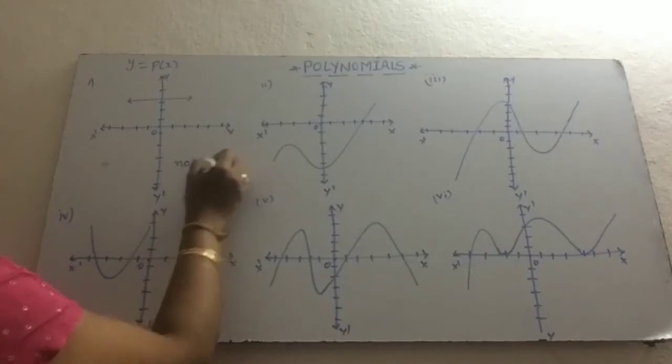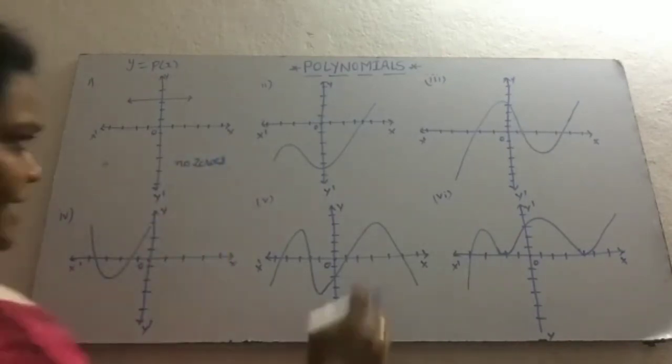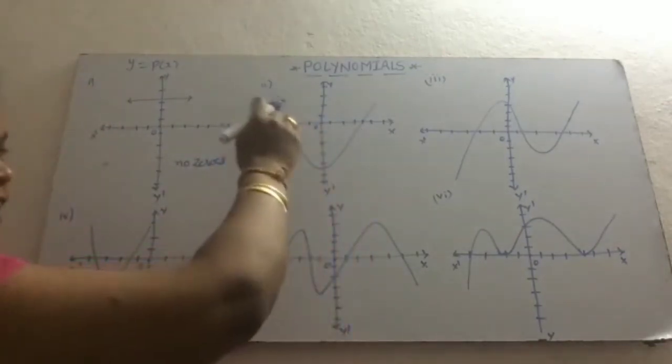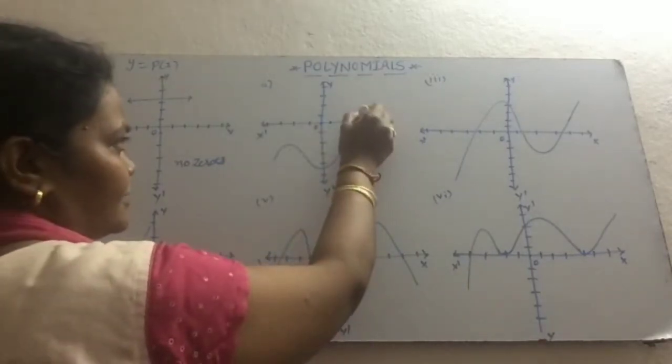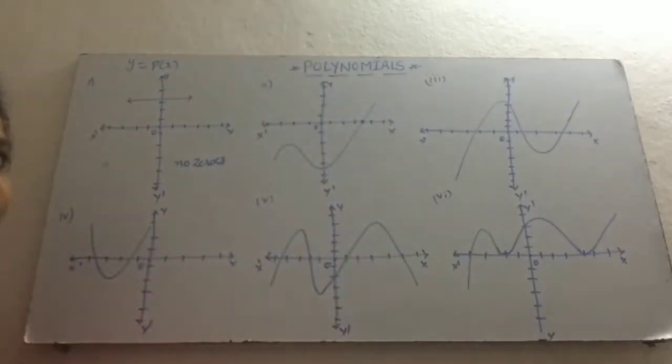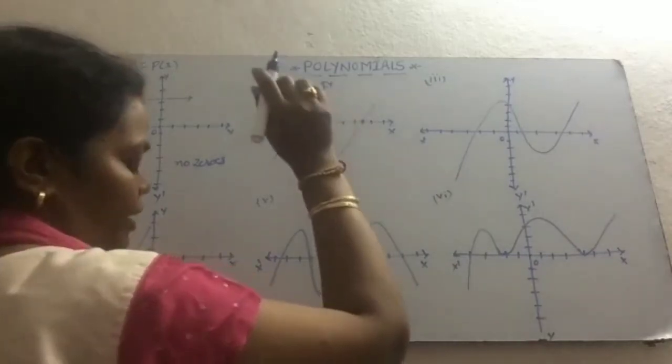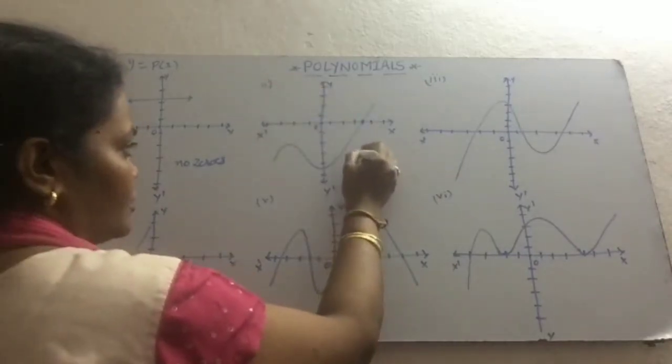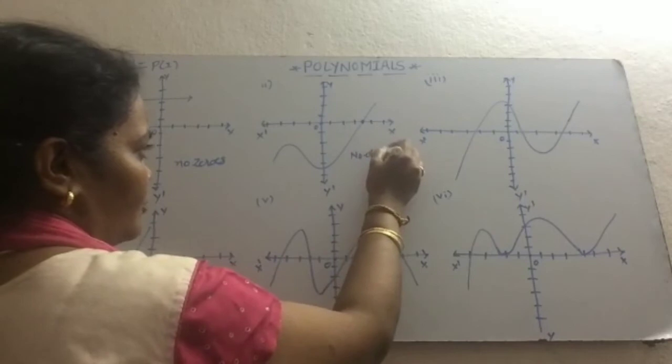So no zeros. And in the second graph, we will observe it intersects the x-axis at one point. So number of zeros are 1.